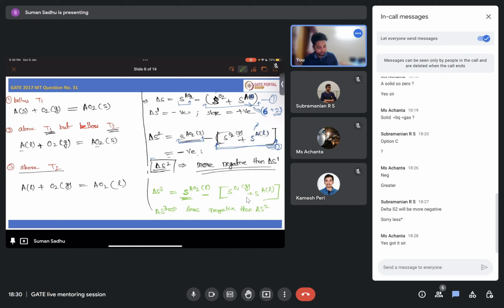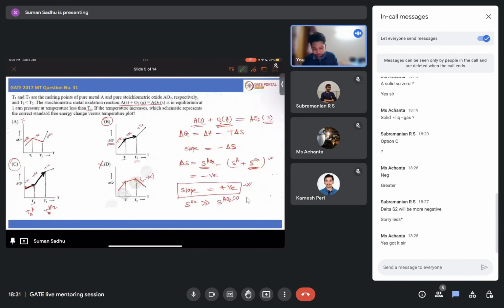Because now this part will change only because of the temperature effect, but in this part earlier it was solid, now it transformed into liquid, so suddenly the value of S of AO2 will increase. So as the right hand side entropy is increasing, your total entropy change will be less negative as compared to your delta S2.